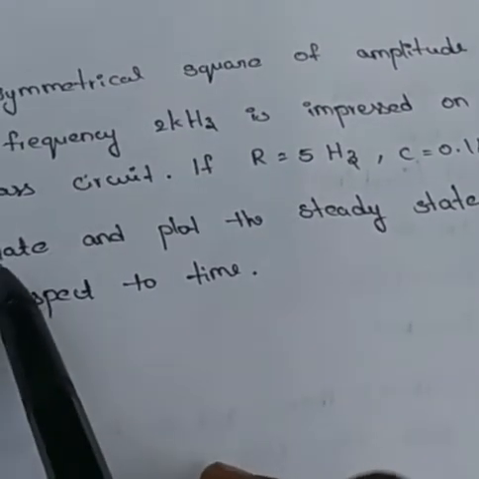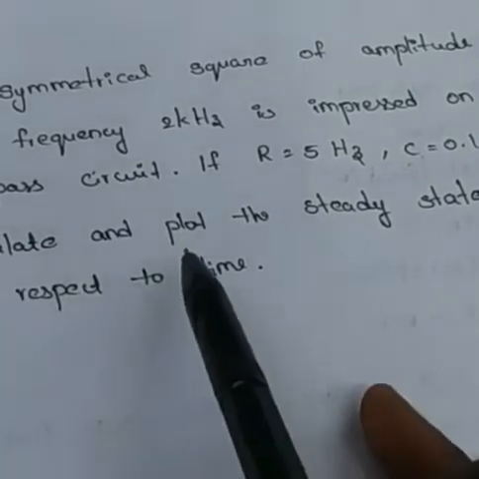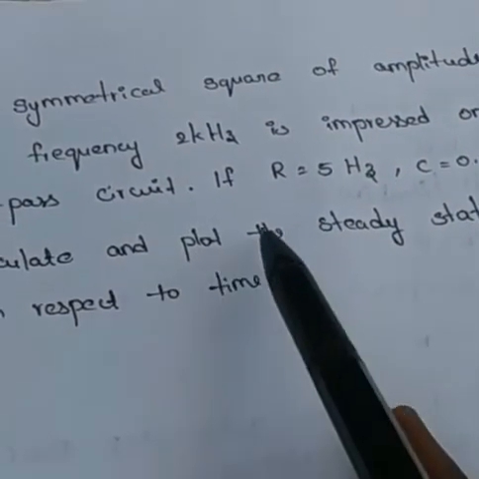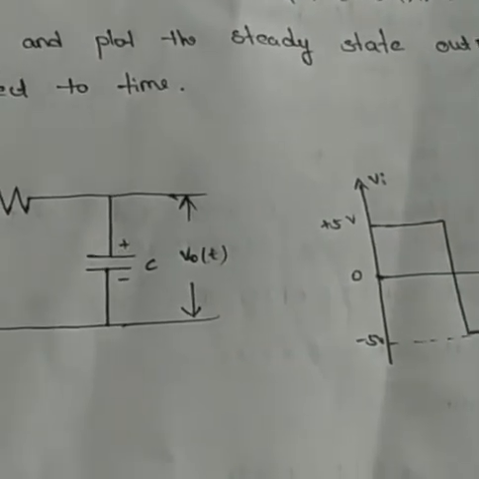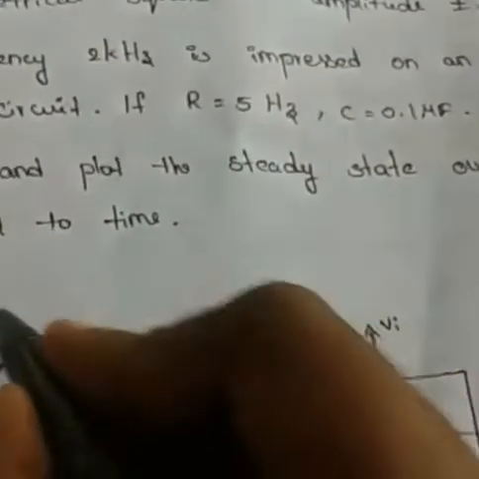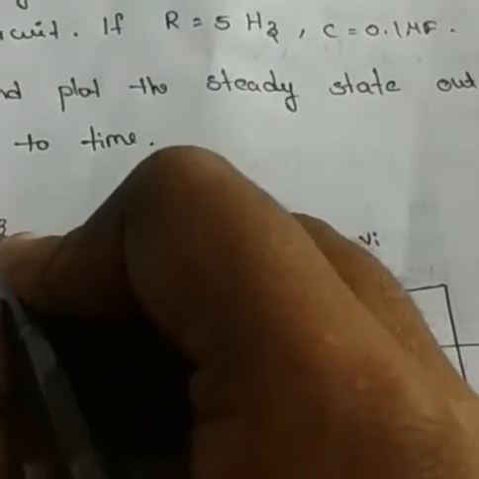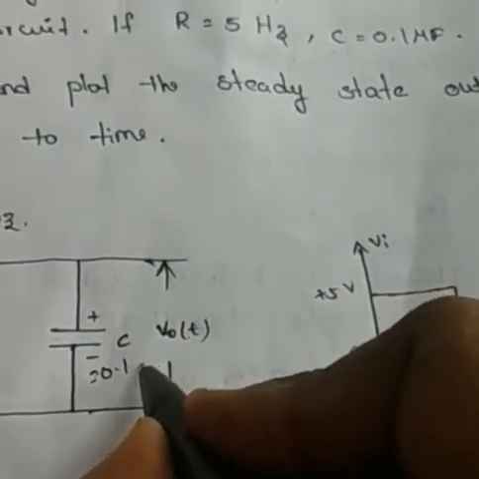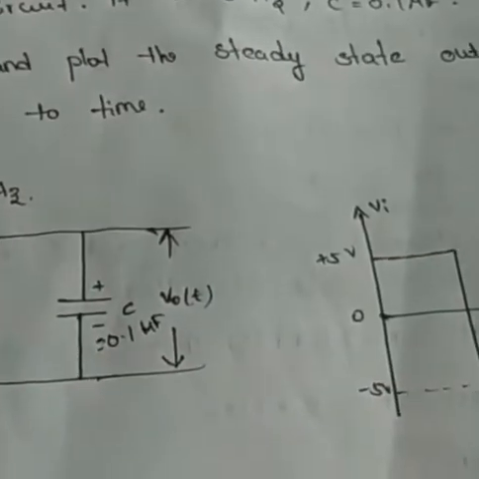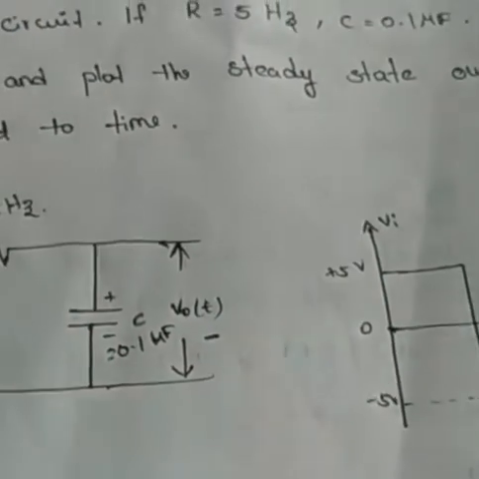We have to calculate the value of the output voltage and plot the waveform of the output. This is a low pass RC circuit. We have 5 ohms as the resistance value and 0.1 microfarad as the capacitance value. We have to find the output value.